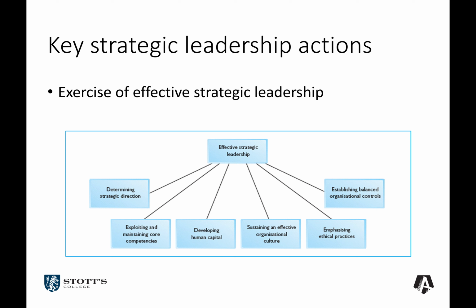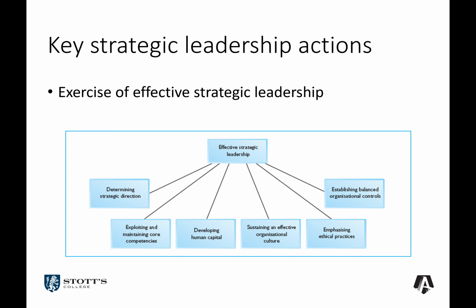If you were to go onto the internet, or onto YouTube, you would find pages and pages and pages of links to strategic leadership, and you will find multiple different models of strategic leadership.